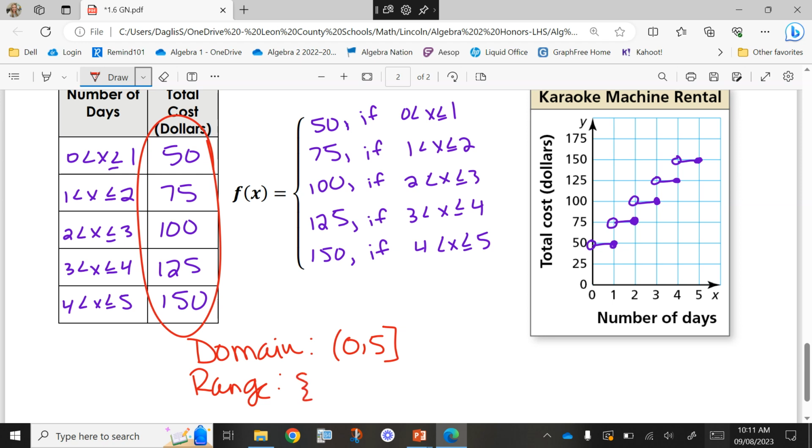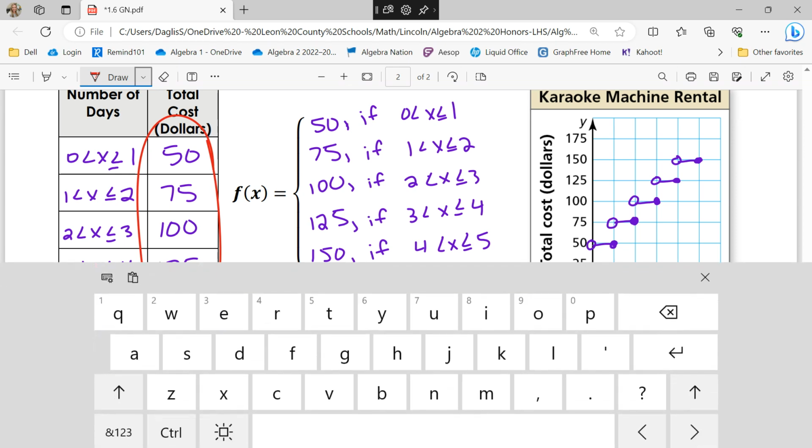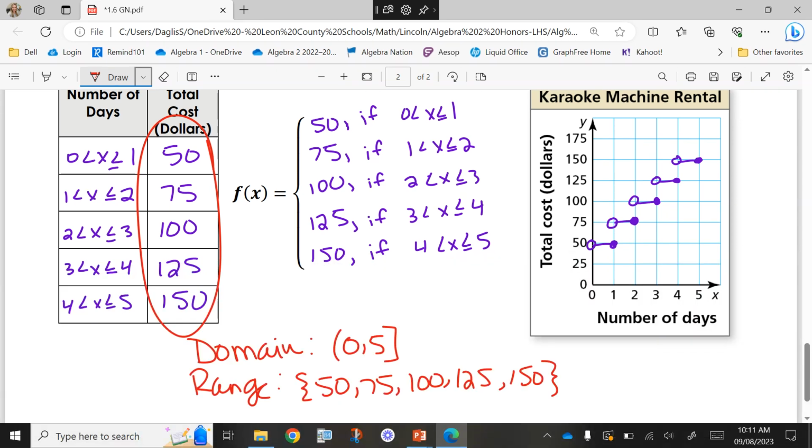So my range is 50, 75, 100, 125, and 150. Those were our only outputs. So we don't write it in interval notation because it's not a range of values. It is just these values. Those are my only outcomes in this situation. So that's something special that happens in step functions also.